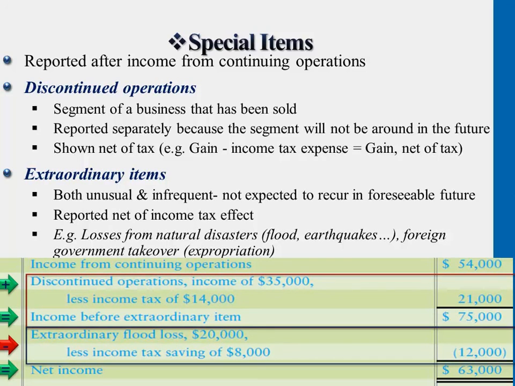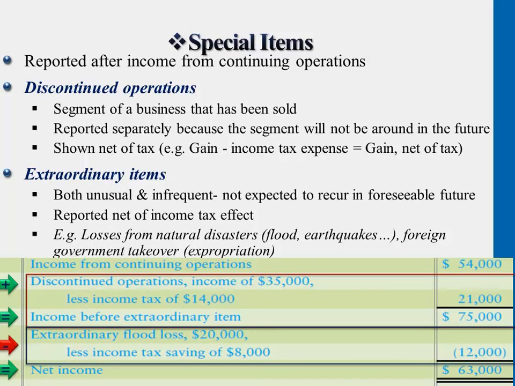For any part of income, regardless of continued or discontinued, we consider the tax effect. So the 40% would always be paid to the government, basically the IRS. That's the part the company is not keeping. Any losses, such as the $20,000, we also consider net tax effects.